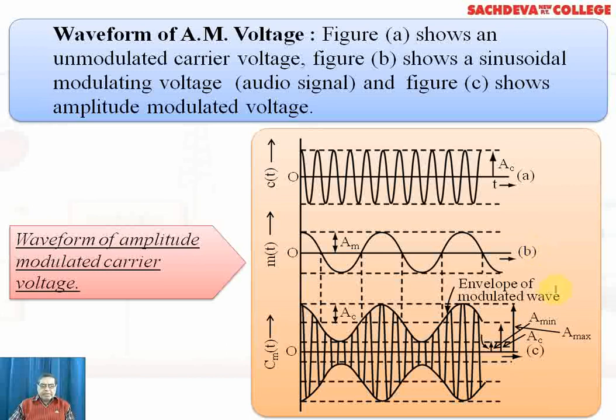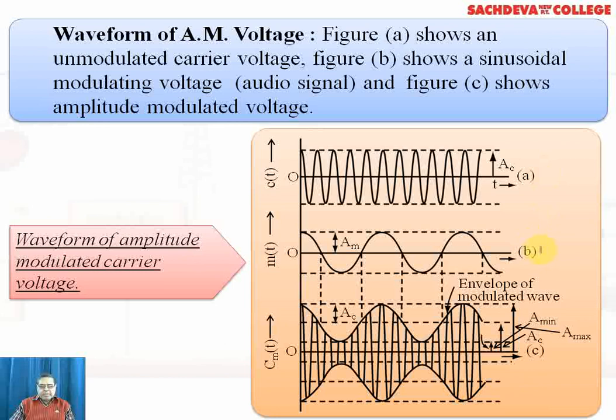So now we come to the main form, that is the waveform of the amplitude modulated voltage. Figure A shows an unmodulated carrier voltage. Wherever we are using carrier, we are referring to radio frequencies. Unmodulated means when the mixing is not done. Now figure B shows a sinusoidal modulating voltage.